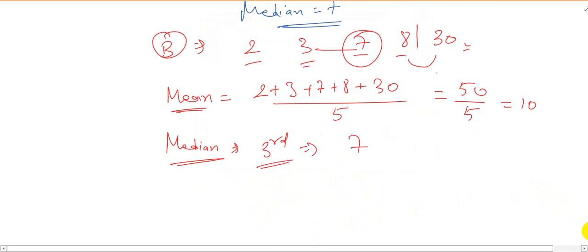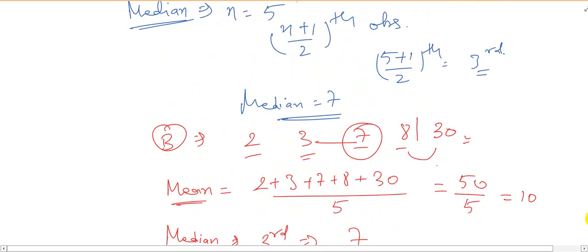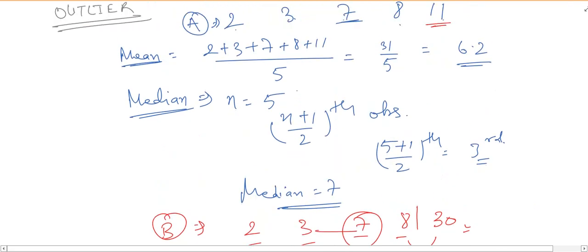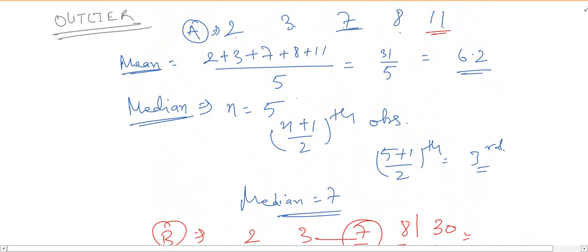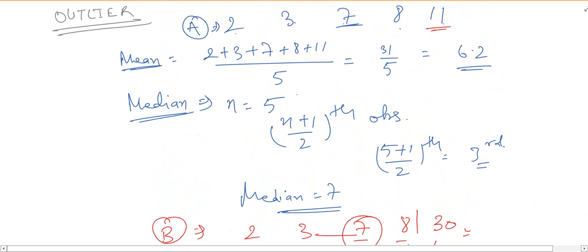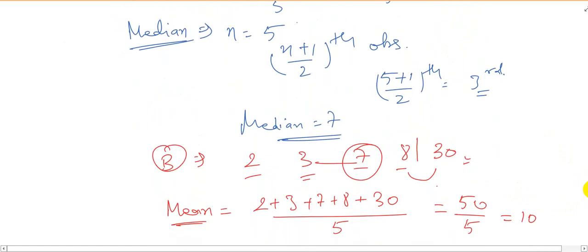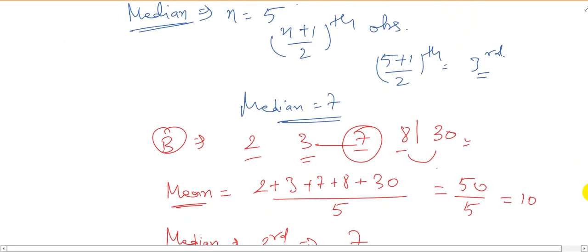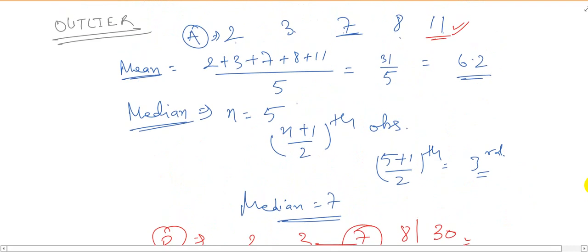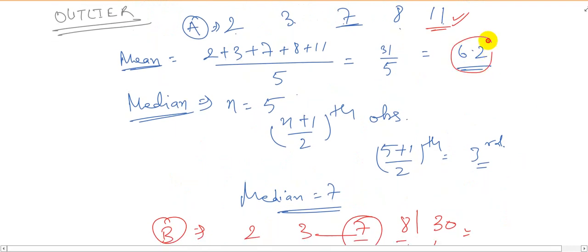Now what can we conclude? In both the data sets A and B, the values are the same until 8, right? But in data set A, the point 11 is quite near to 8, so it can't be considered an outlier. But here in B, 30 can be considered an outlier, and you can see that there is a huge difference between the means of these two data sets.